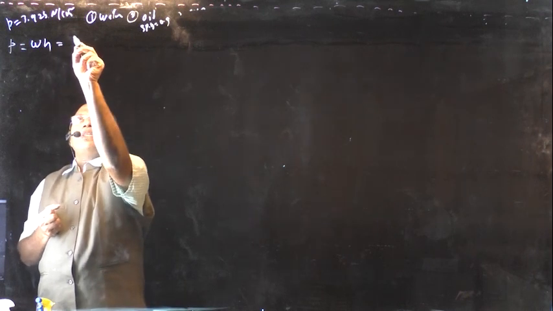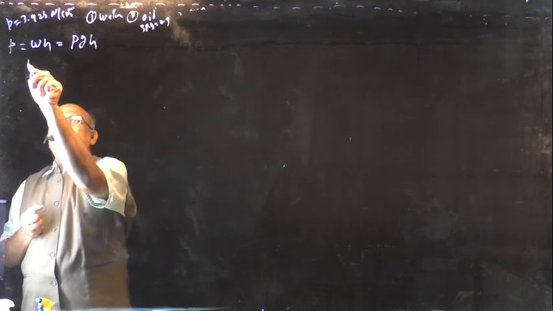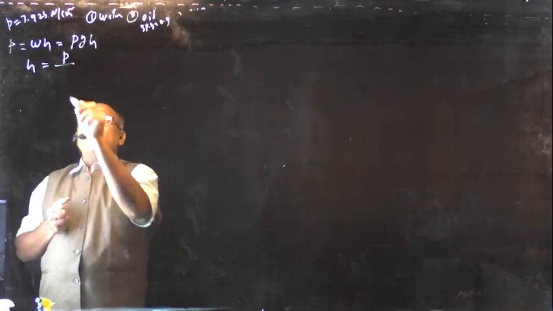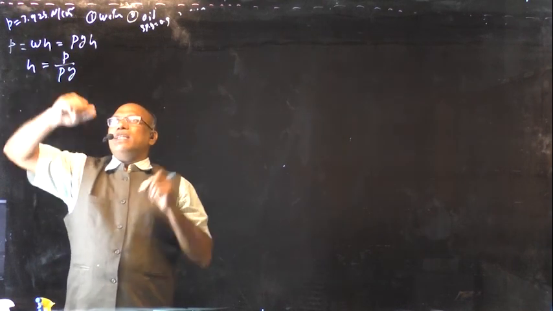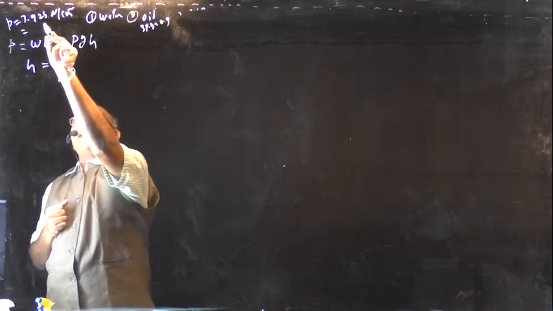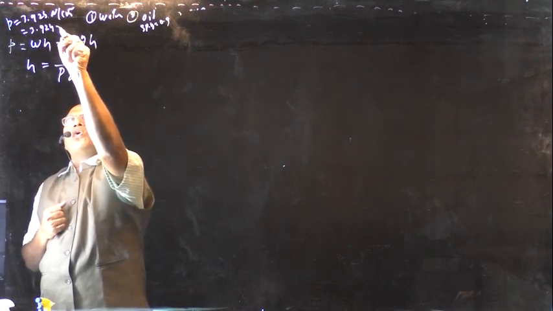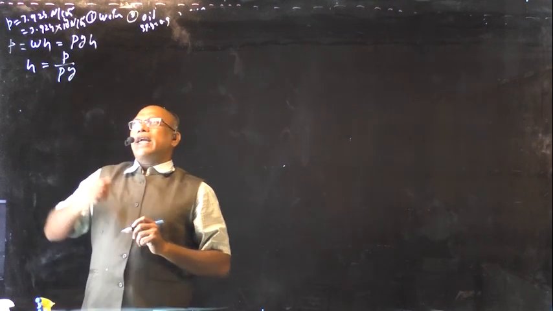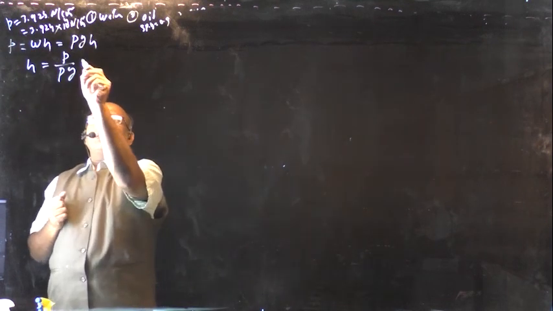This is also nothing but rho G H. From this equation, the liquid height is equal to the intensity of pressure divided by rho G. But here the pressure is given, that pressure is equal to 3.924 Newton per cm square, that is equal to 3.924 into 10 power 4 Newton per meter square.